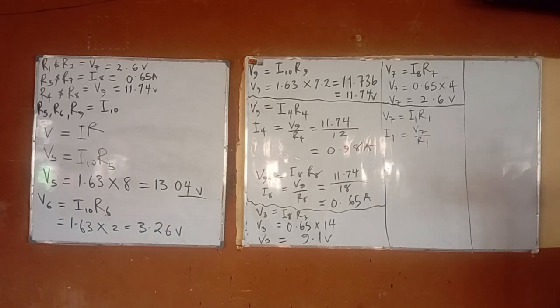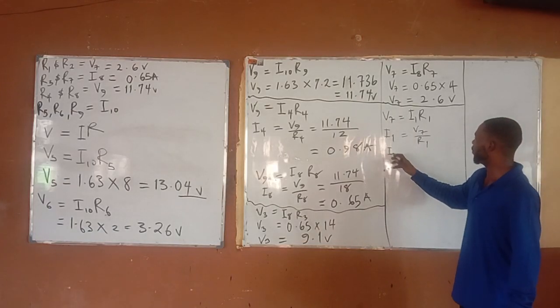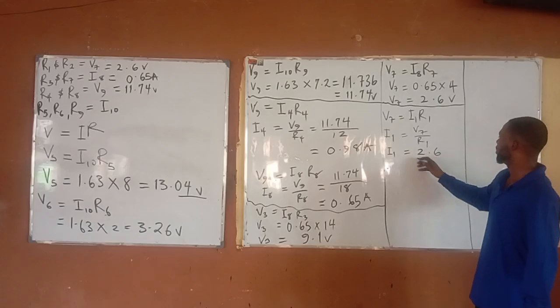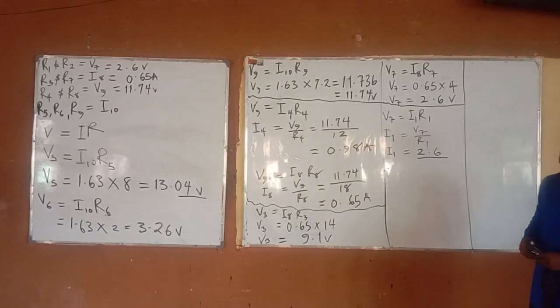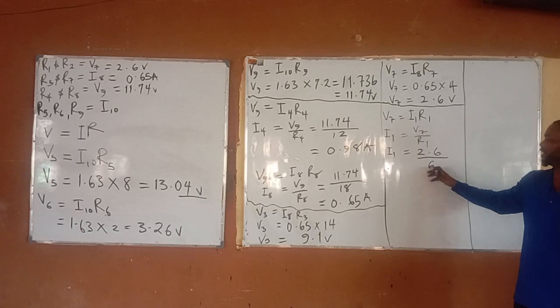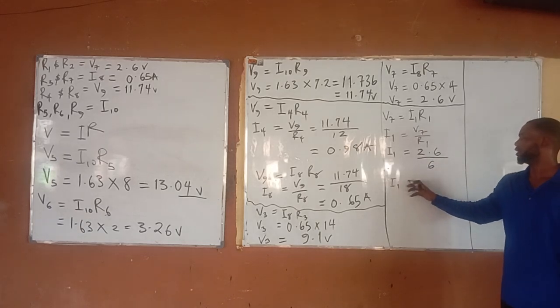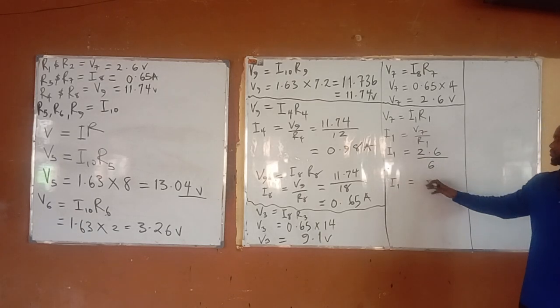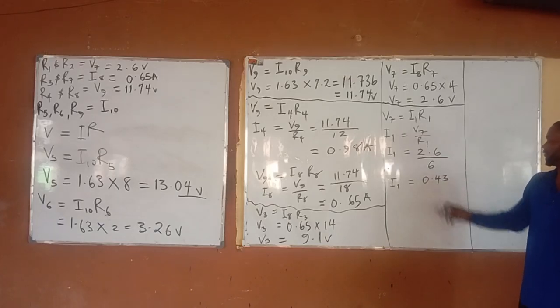You need to do it over, master it. I've noticed that some of the things that you are having issues with is in that line. It's not like it's here, but it will help you be able to see certain things and easily articulate it. So I now have I1 equals to 2.6 all over. And what's the resistance on resistor 1? 6. Punch for me, what do you have? 0.433 ampere, sharp.